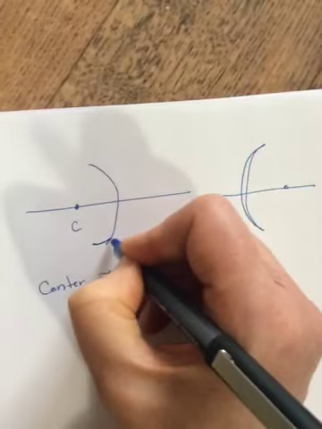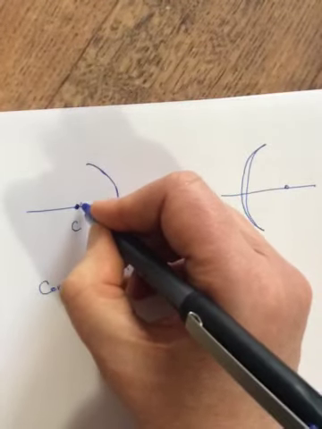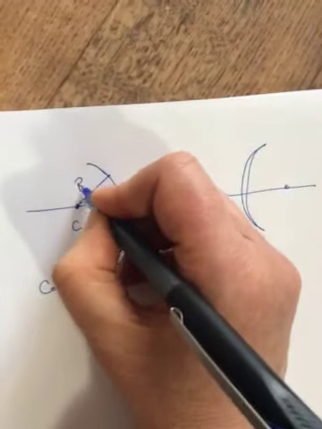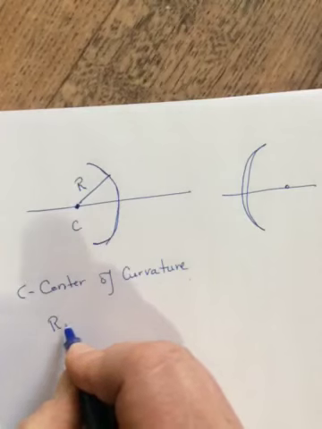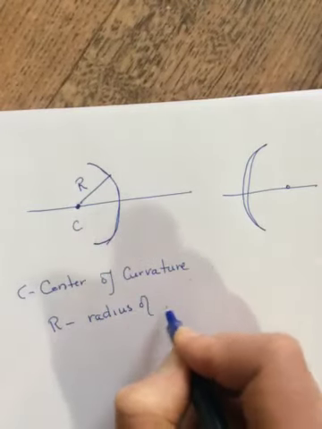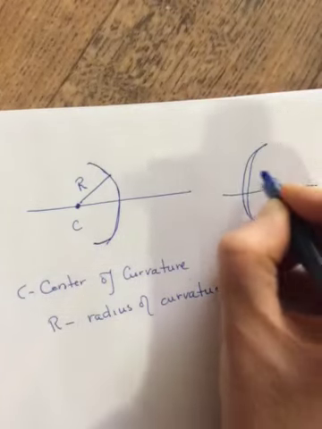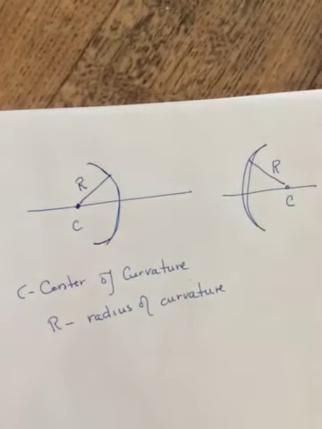And the distance from the center of curvature to the mirror itself, this is going to surprise you, is a capital R. And the capital R stands for the radius of curvature. It's true over here too. So this is R, this is C.